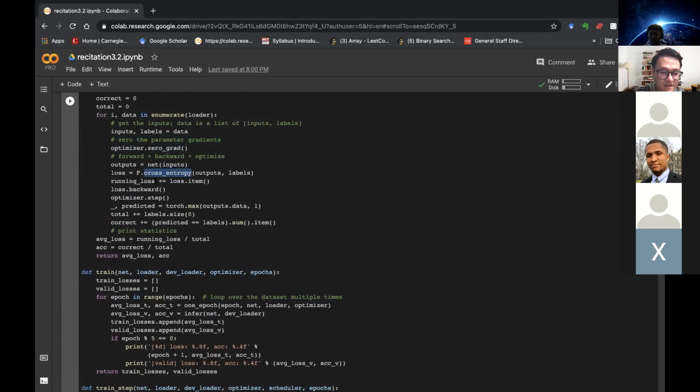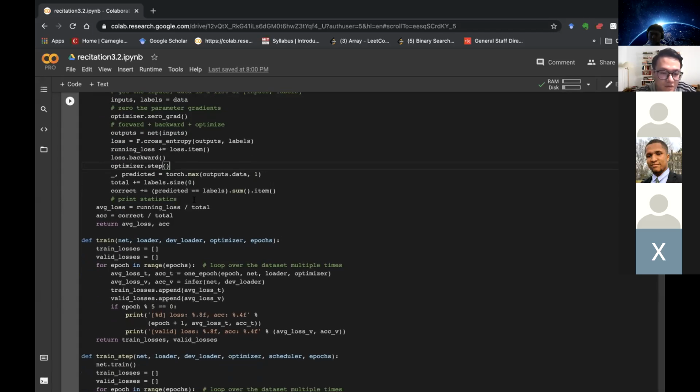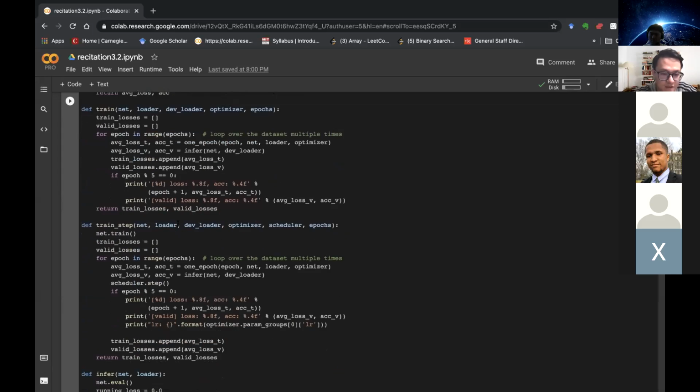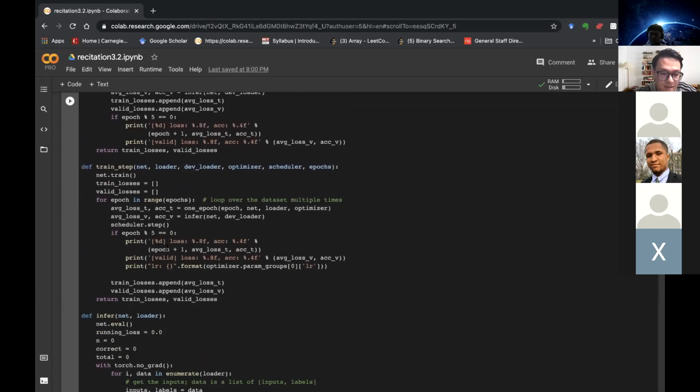This is the loss, and you will call backward to calculate the gradient of each parameter in your model, and you will use optimizer.step to update your parameters. I think this is very easy for you guys because you have implemented it in your homework one part one. So this is the training part, and this is the training step.